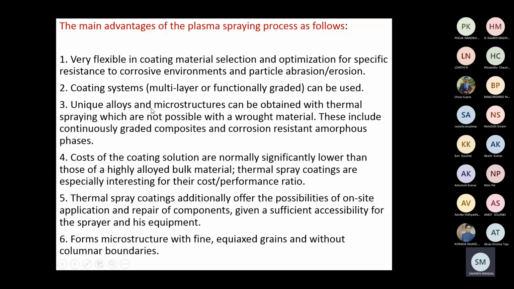Unique alloys and microstructures can be obtained with thermal spraying, which are not possible with wrought material, and these include continuously graded composites and corrosion-resistant amorphous phase. The cost of coating solutions is normally significantly lower than that of highly alloyed bulk material, and thermal spray coatings are especially interesting for their cost and performance ratio.